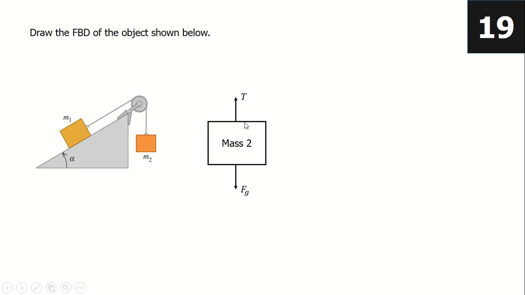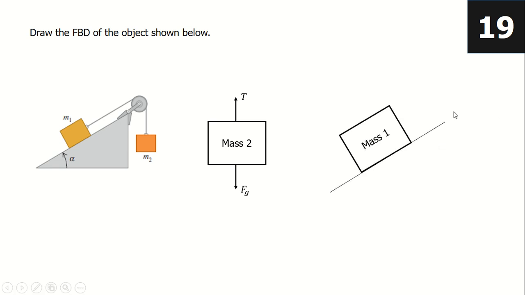Essentially, it looks like the one with the elevator, right? So we have a tension, the force responsible for keeping it hanging. Opposite in direction is the force of the weight, the gravitational pull of the Earth on this particular object.